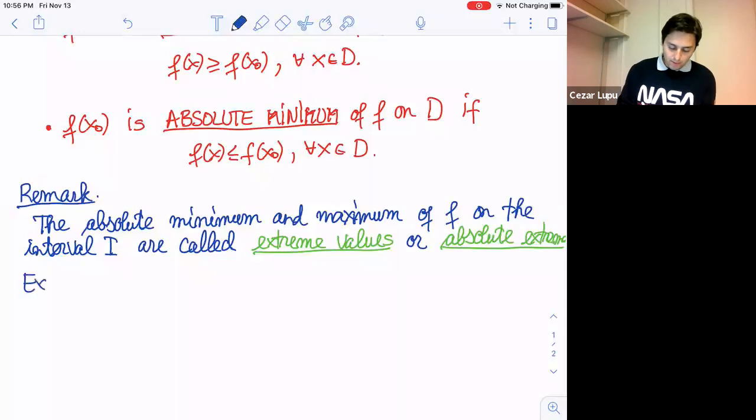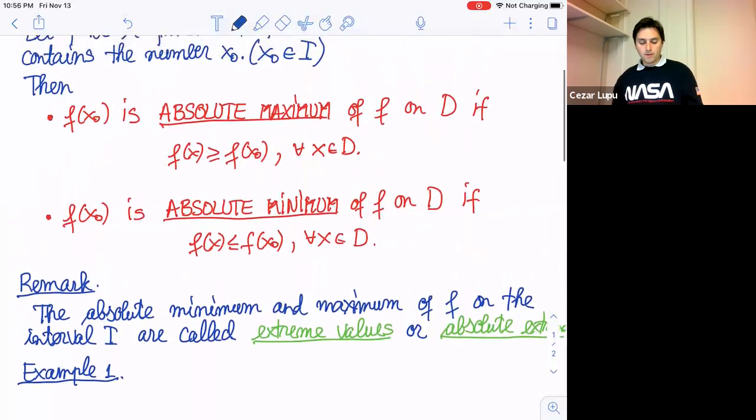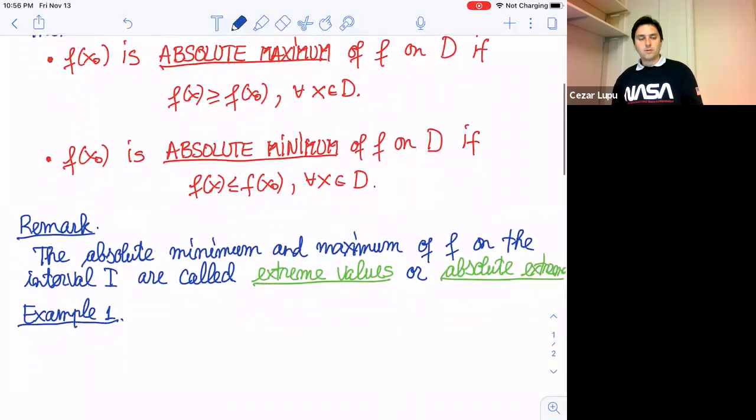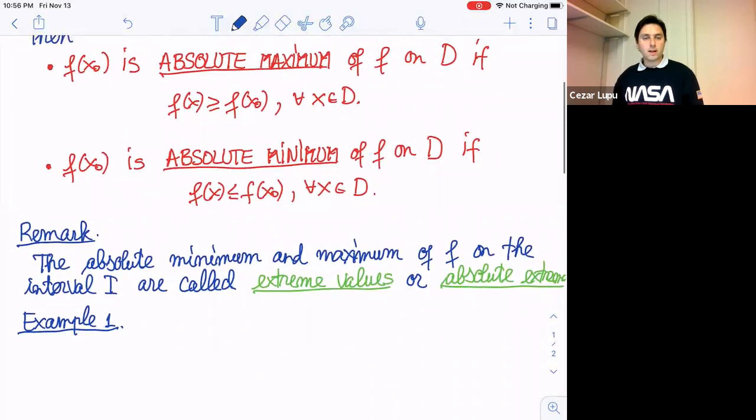So let me start with the first example. Example 1. I want you to look again at the definition. These are the two definitions for absolute max and absolute min. And now let me give you an example. I'm going to draw the graph of a function.